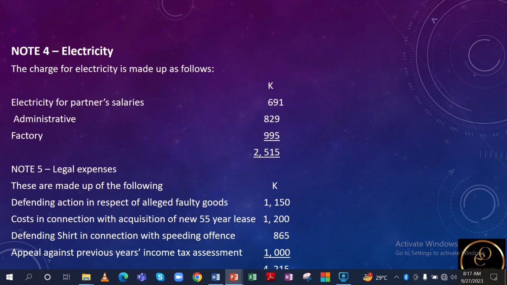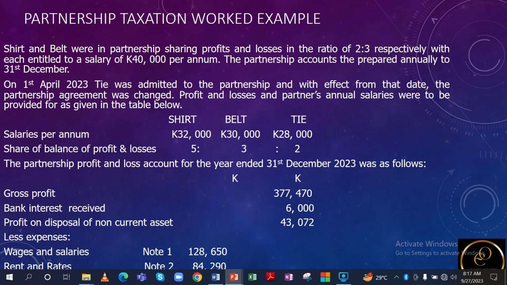So in the income statement, on the expense side, we have the figure of wages and salaries, which is note number 1. Wages and salaries is 128,650.